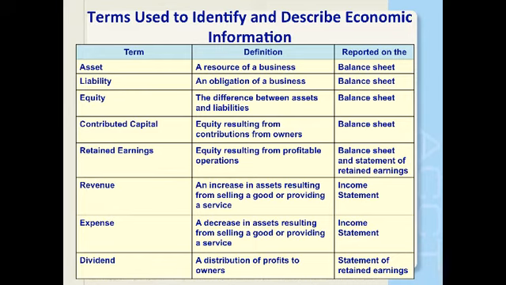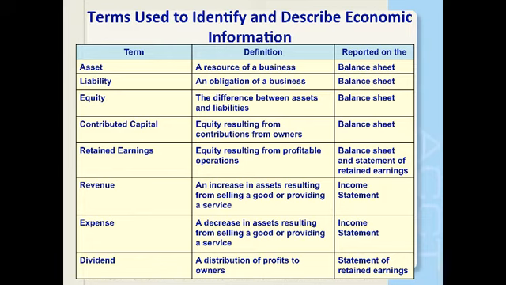The expense is a decrease in assets, so a decrease in cash, from selling a good or service. So in other words, it's paying your rent, paying your utilities, and that's found on the income statement. A dividend is the distribution of profits to the owners, and that will be found on the statement of retained earnings.